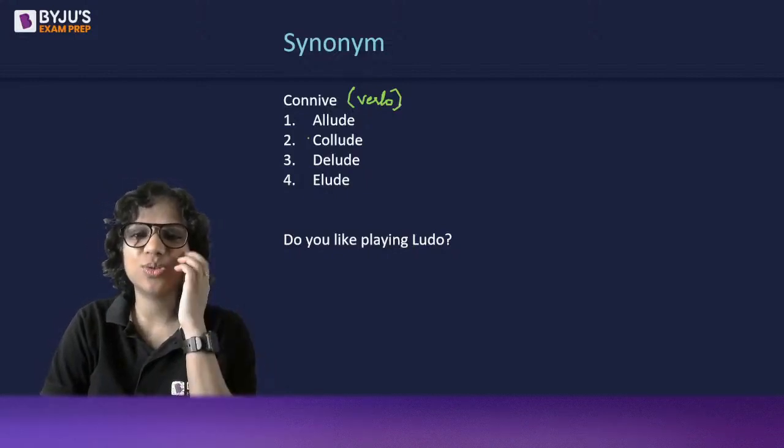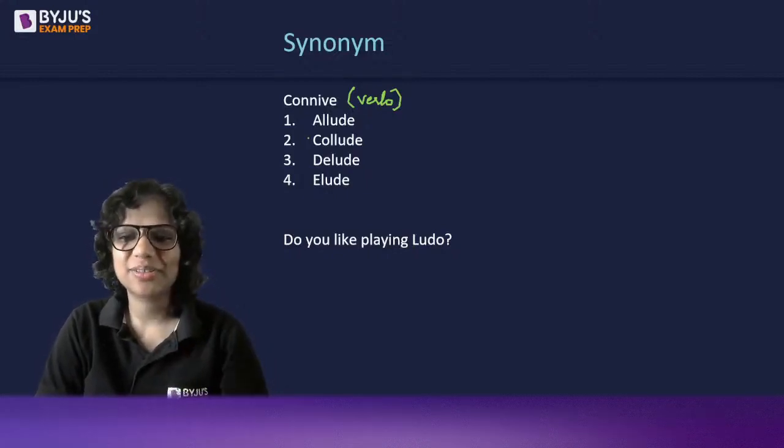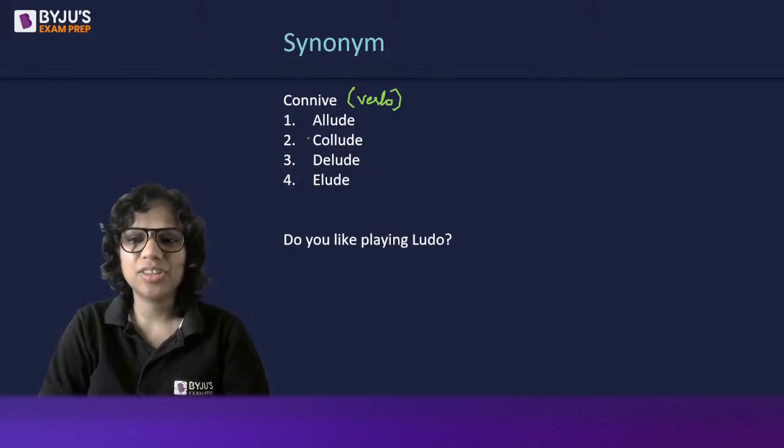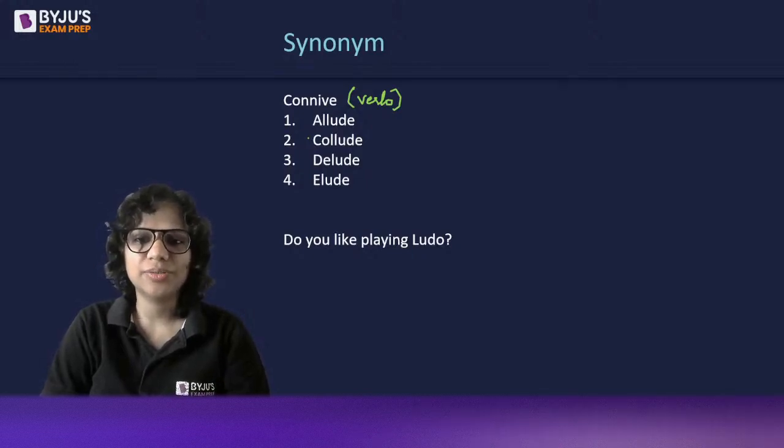Sonali says 2. Okay, others. Okay, Arman says 2. So I also told you that it's a negative word. So can't the answer be 3 then? Ritik says 2. Ishank says 1. Allude.